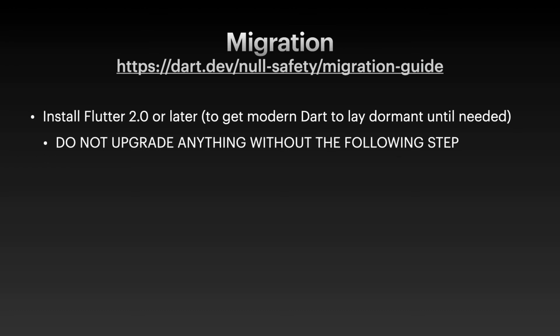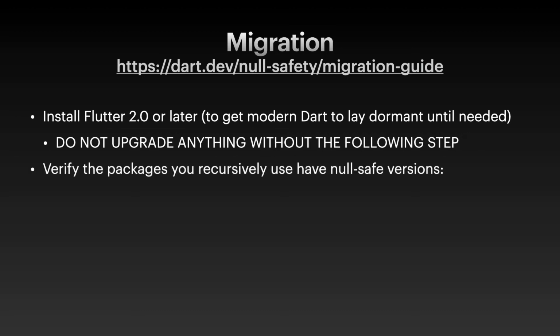In big capital letters, do not upgrade anything without the following step. This is what so many people leave out. You need to verify that the packages you depend on, and that they depend on recursively, have null-safe versions in pub. Okay? Very, very important.